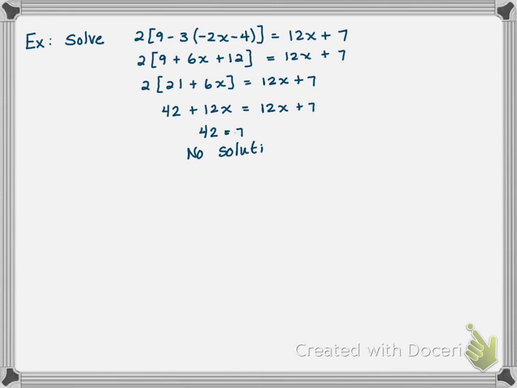So it's a similar situation, but that last line is either always going to be true or never going to be true, which will tell you if there's no solution or if the solution is all real numbers. The other option, of course, is that we get x equals a number, and then that's our solution. But in terms of these ones where the variables end up canceling each other out, you're either going to have no solution or all numbers will be solutions.